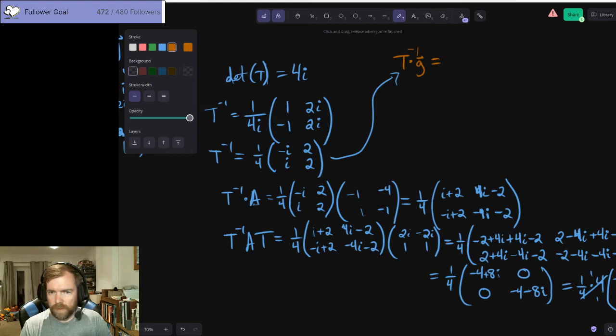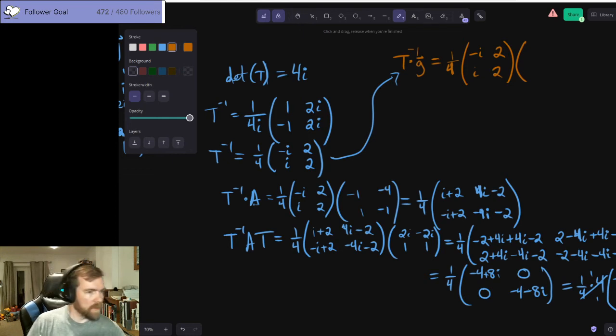So we get our 1/4 multiplied by negative i, 2, i, 2, and then multiplied by our G vector, which was, again, e to the negative 2t, and negative 2e to the t.